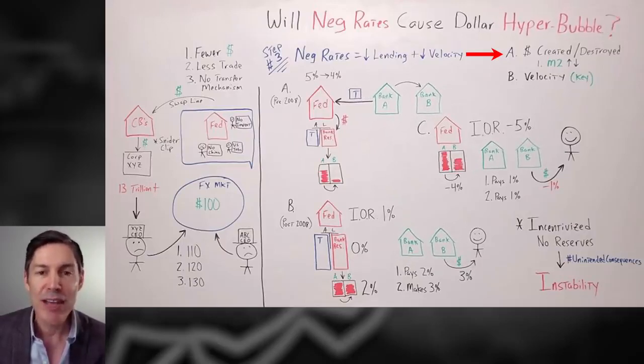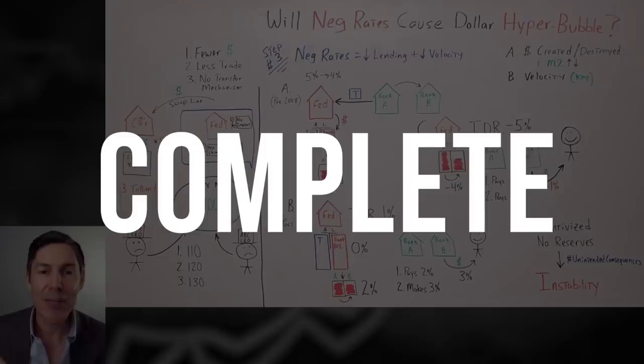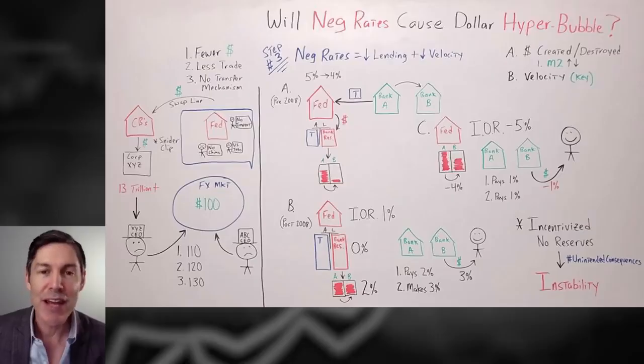In fact, I would say it's most probable. But if they're able to figure out a way to create additional money supply and then they take it to an extreme, which we know they most likely will because the government has to inflate away their debt, we could see the complete opposite, where instead of a dollar hyper bubble, the dollar completely collapses.